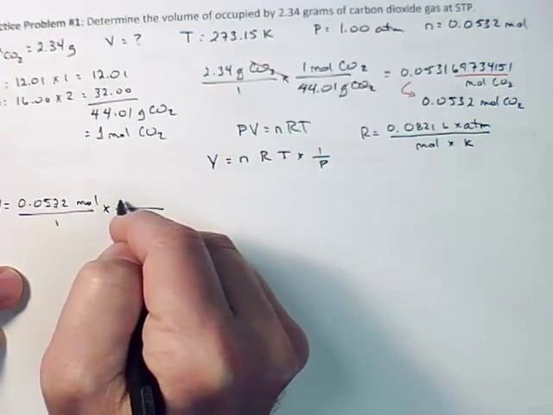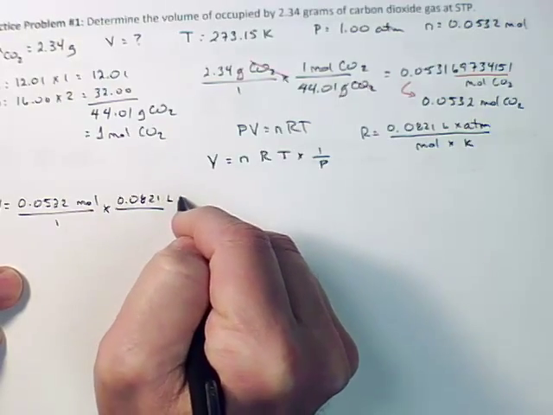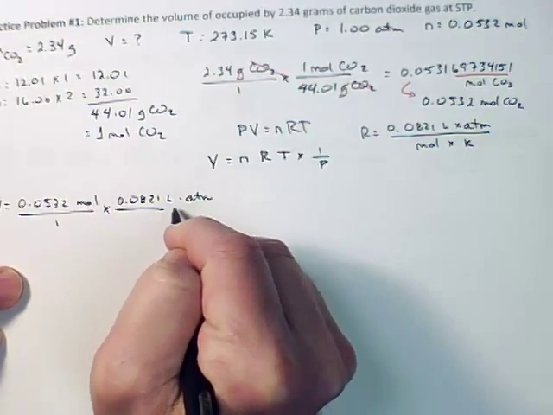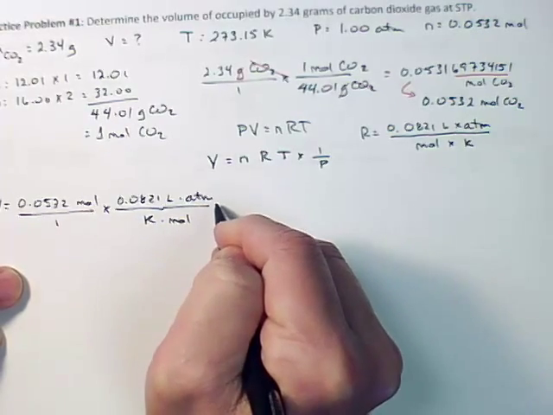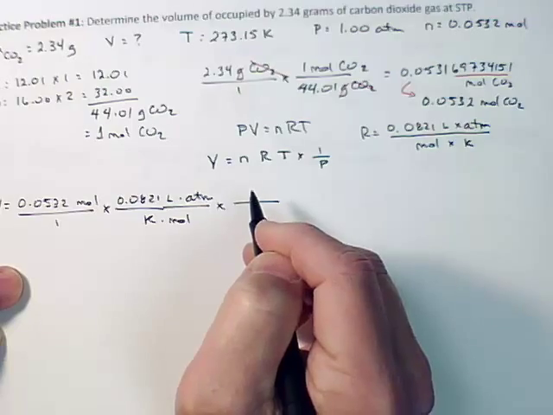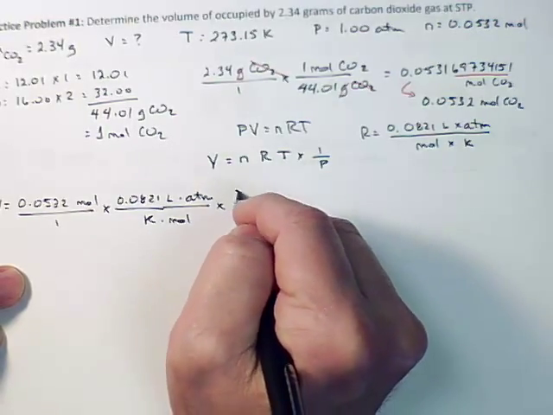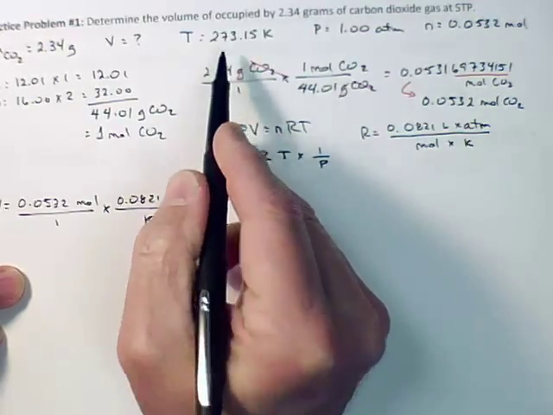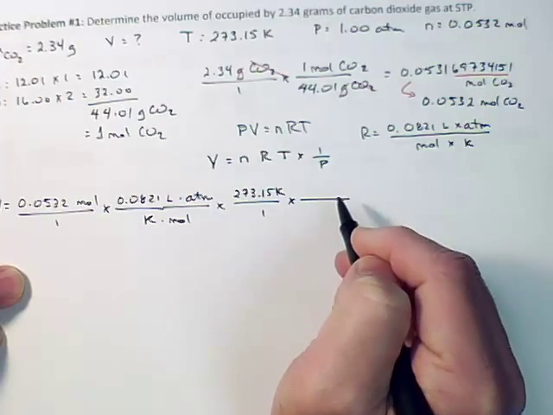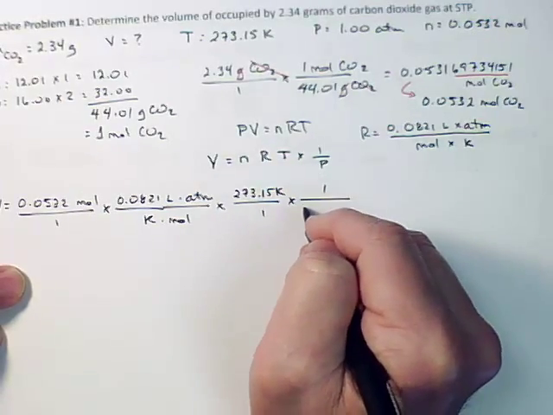R is, we said, 0.0821 liters times atmospheres over Kelvin times moles. The next thing is T, which we said was 273.15. And then 1 over the pressure. And the pressure we said is 1 atmosphere.